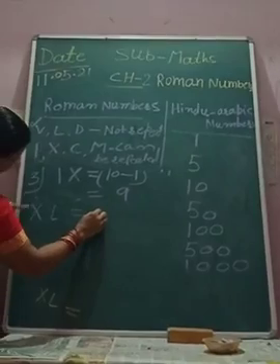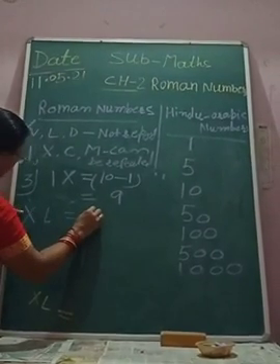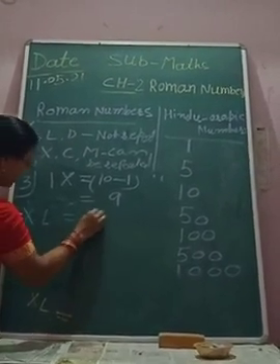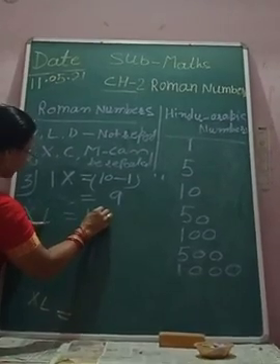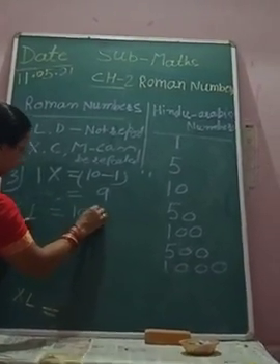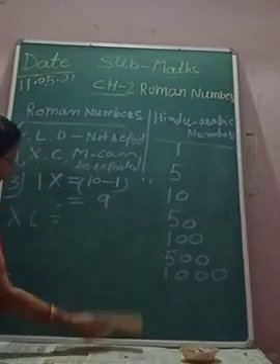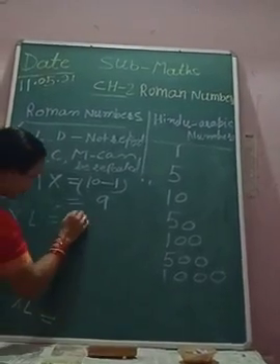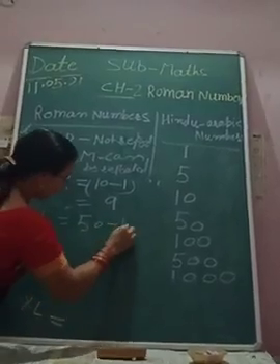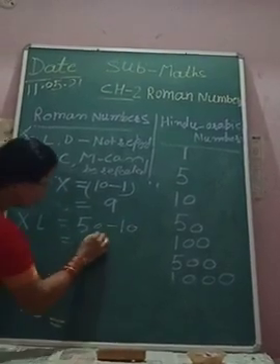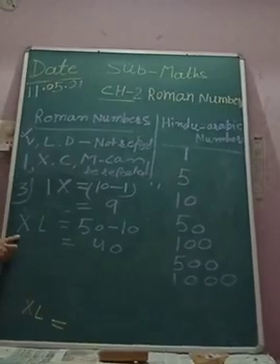So 50 minus 10 is equal to 40. So this X means what? This X means 10. What after that? Then 50. But the answer will be in minus. So first we will write 50. 50 minus 10 will be 40. Why will we subtract it?